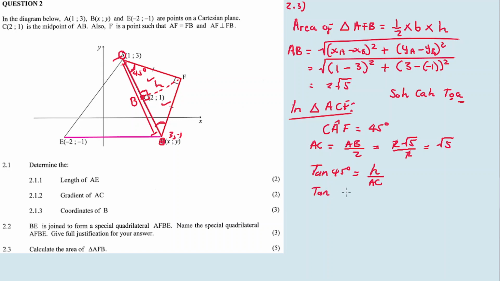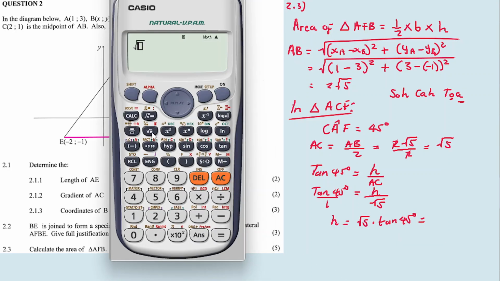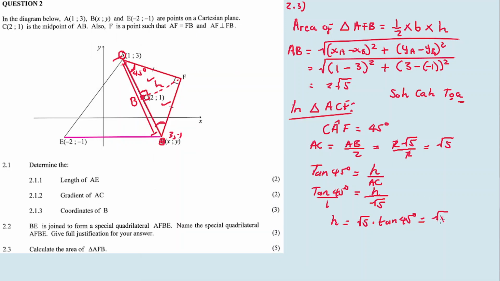So tan 45 degrees is equal to height over square root 5. Cross multiplying, h is equal to square root 5 times tan 45 degrees, which is equal to square root 5, right?